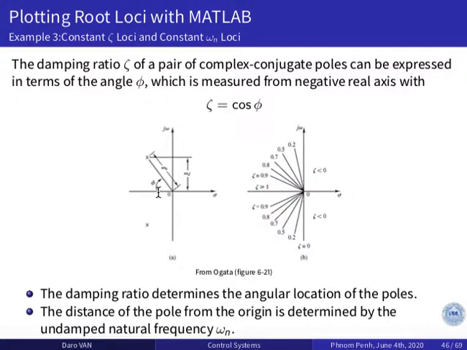This angle is measured from here. This is omega d. If this is a pole, and this length is omega d, this is omega n. The damping ratio determines the angular location of the poles, and the distance of the pole from the origin is determined by the undamped natural frequency omega n.